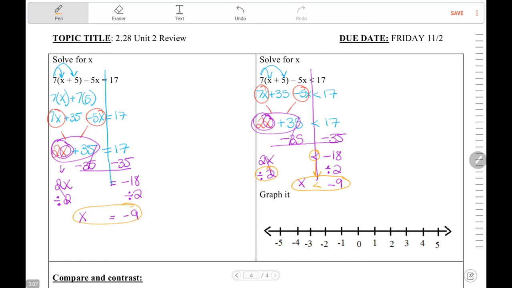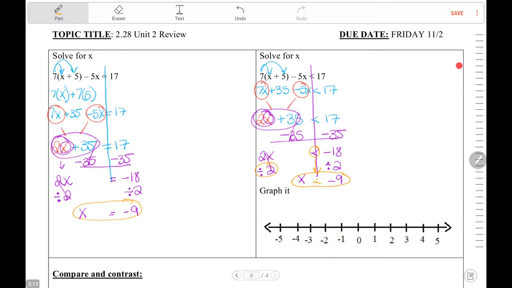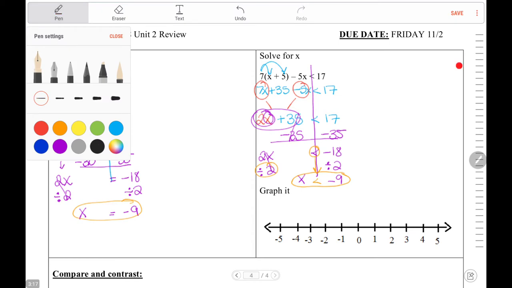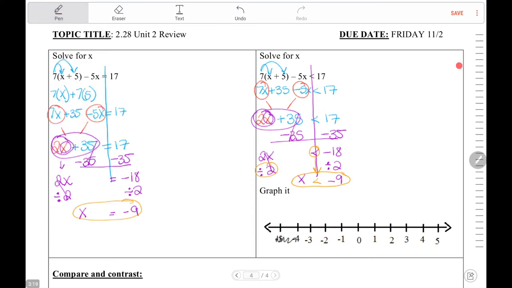Okay, so I see a number line, so I'm going to go ahead and graph that. Unfortunately, that number is not on here. So let's go ahead and change these numbers on the bottom. Whoops. Okay, so let's make this negative 9, negative 8.